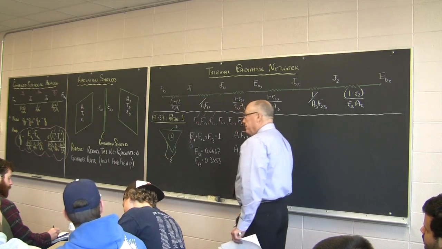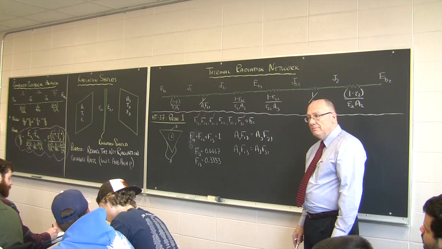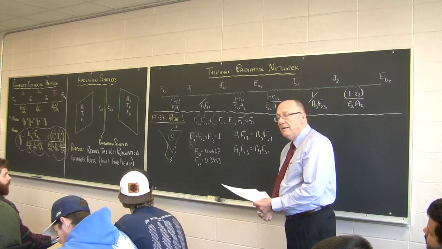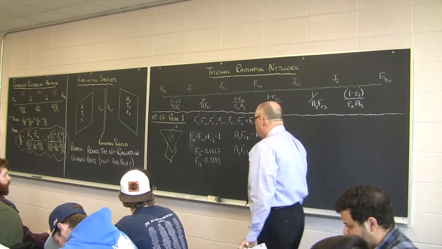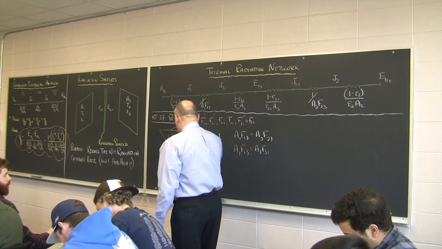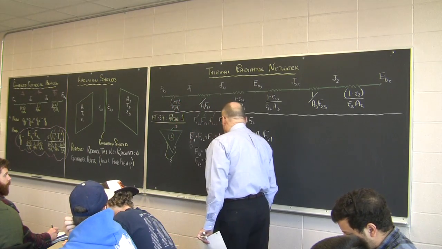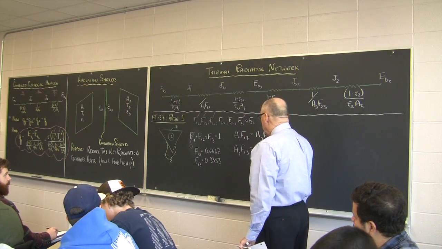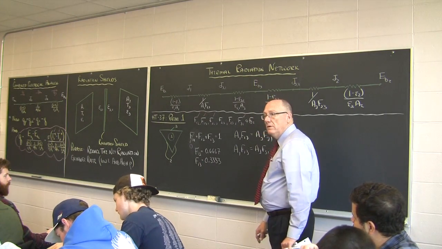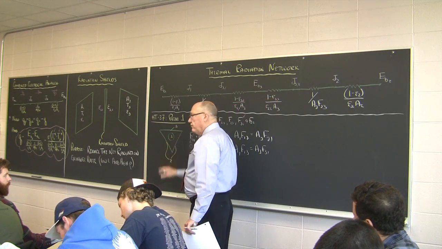So we have that one. Okay? So then you get F21 equals F31? No. 2 to 1 does not equal 3 to 1. 2 does not see 1 like 3 sees 1.